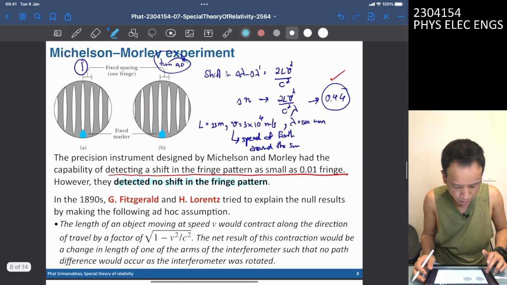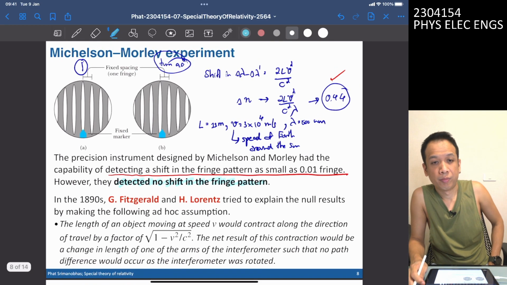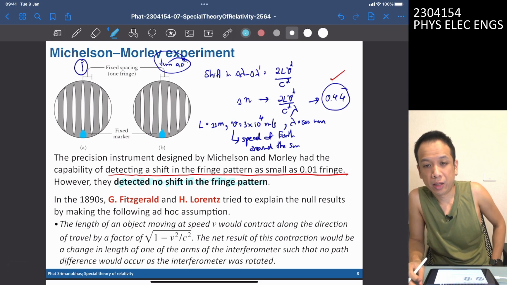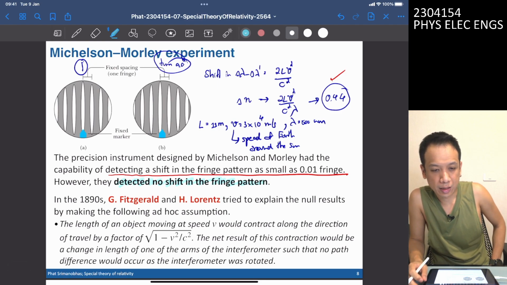So what does it mean? This is something basic: you make assumptions and then you don't see the result. What you can do is say the assumption is wrong, or the assumption is not wrong but you need to make what we call an ad hoc assumption.